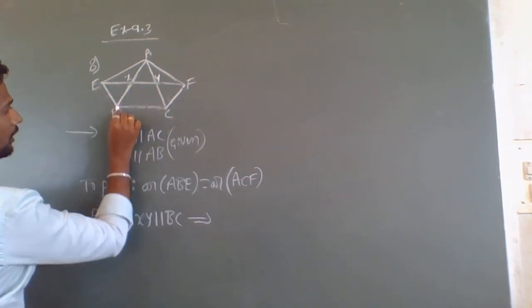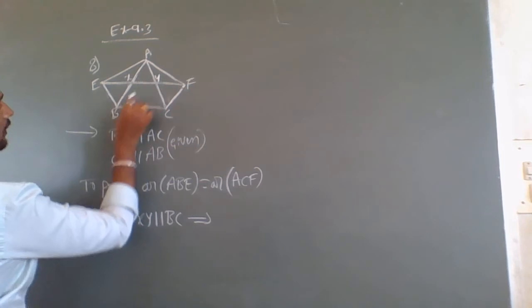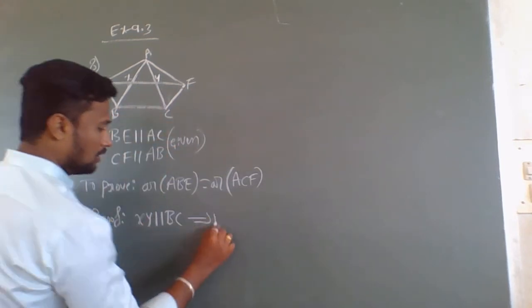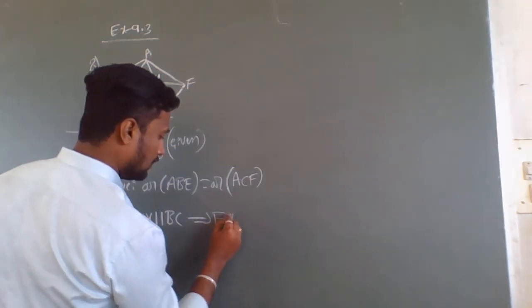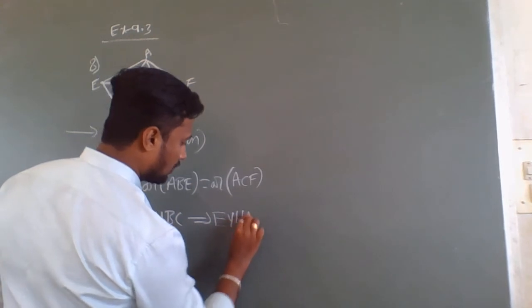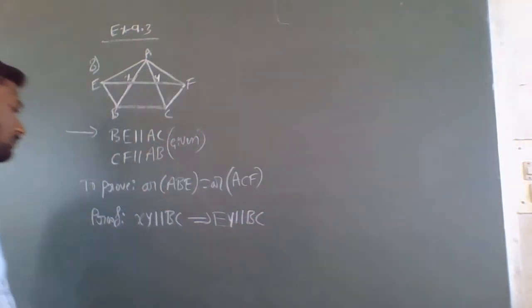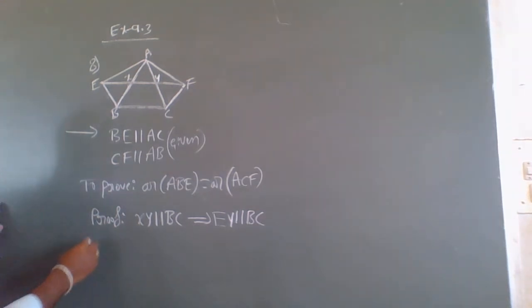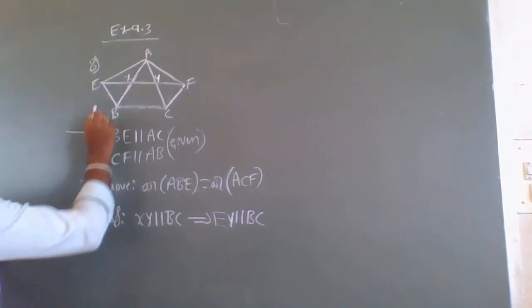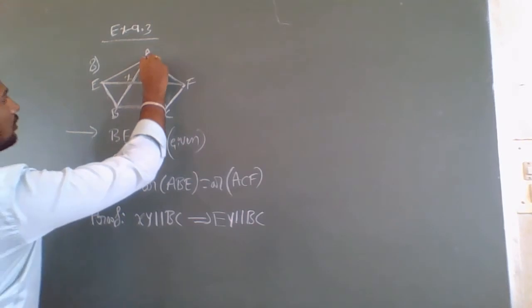So here I will write EY is parallel to BC. Next here they have given that BE is parallel to AC.